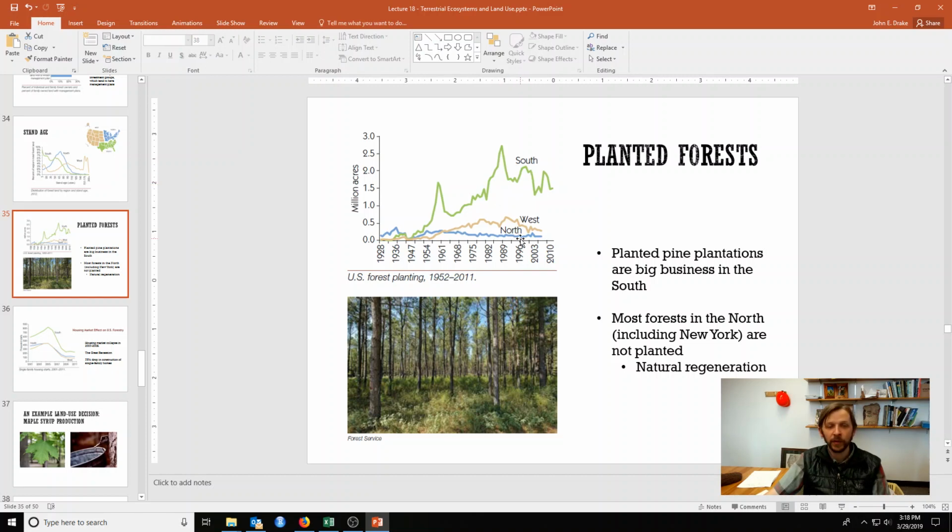But you can see in the north, we tend not to regenerate our forests with direct planting, and we rely more on natural revegetation or on silvicultural practices that emphasize the kind of natural regeneration that we would like to see.